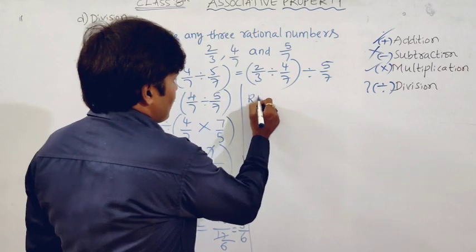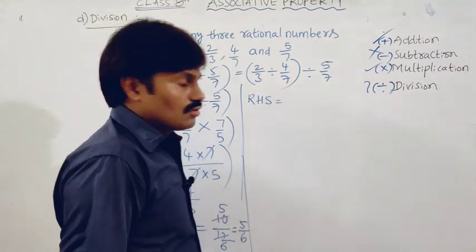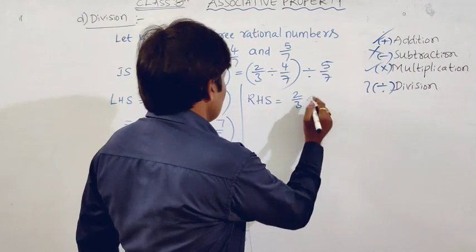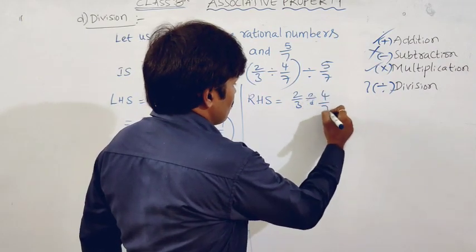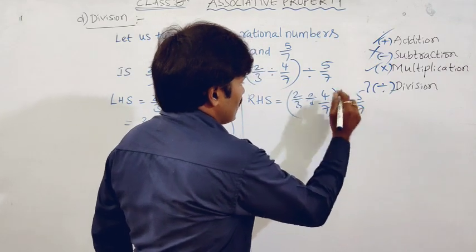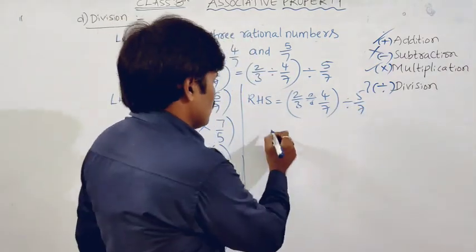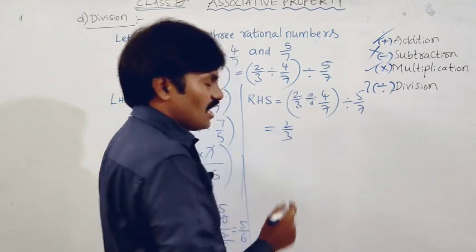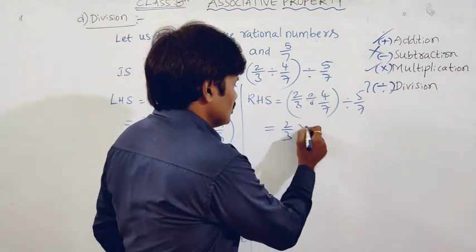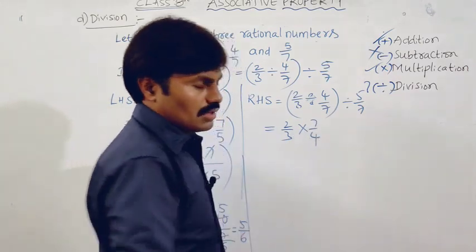So the RHS part is 2 by 3 divided by 4 by 7, divided by 5 by 7. Now, as usual with BODMAS, we have to simplify the brackets first. So 2 by 3 into 7 by 4. Am I correct?